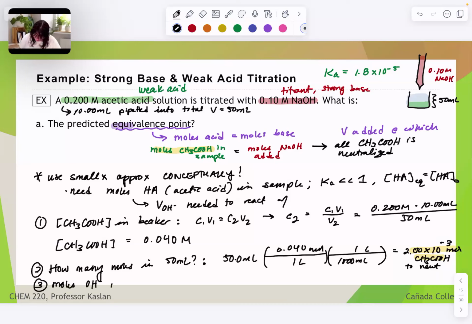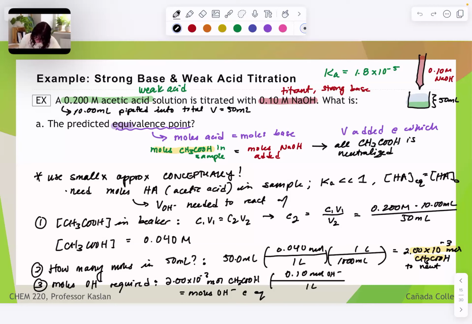Moles of hydroxide required. So if I have 2.00 times 10 to the negative 3 moles of acetic acid, then at equivalence, this is equal to moles of hydroxide, which allows me to take my 0.10 molar NaOH, or 0.1 moles per liter, and figure out the volume.